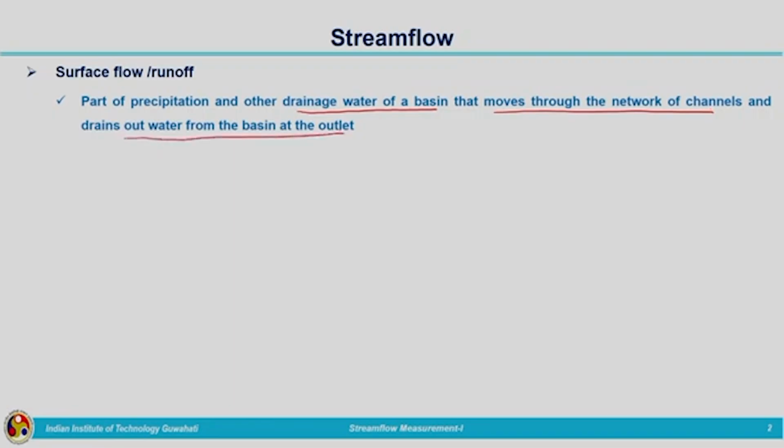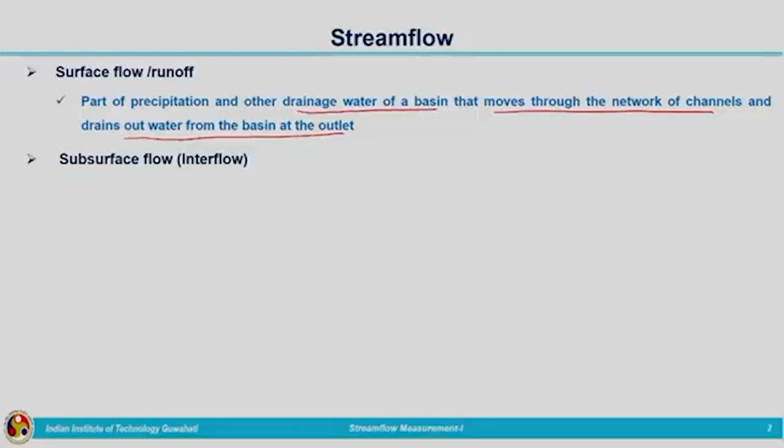Whenever this overland flow is occurring, after a certain time, some amount of water will be flowing through the small channels that are produced and water will be directed to the outlet of the basin. So, the water which is some part of precipitation and also other drainage water will be forming the runoff at the outlet of the watershed.